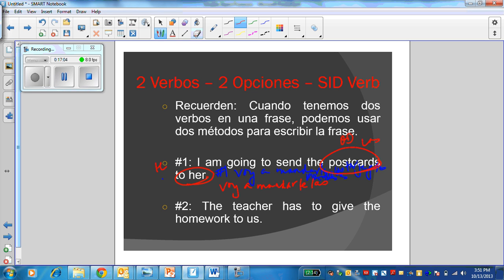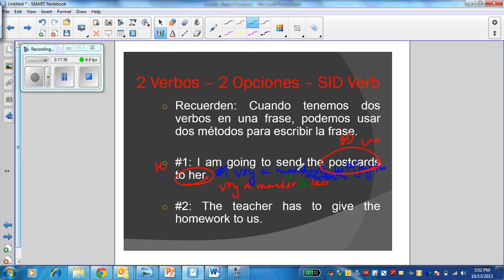So essentially, no podemos tener, no tenemos le las. So necesitamos reemplazar la le con se. So if I want to say I'm going to send the postcards to her, you have to say voy a mandar se las.